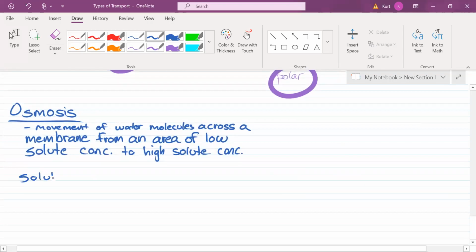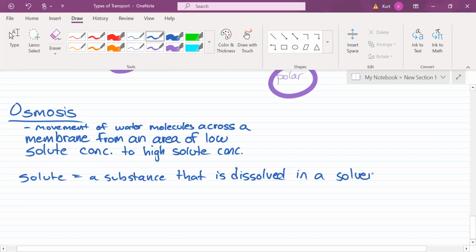A solute is a substance that is dissolved in a solvent. A solvent is a substance that, the way I like to phrase it, does the dissolving.